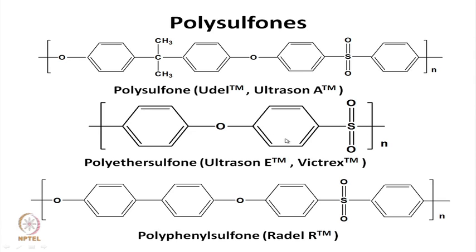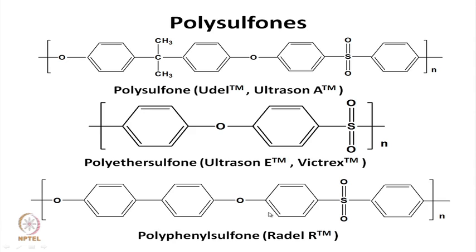One thing to be noted if you compare this polymer with the previous one: between 2 sulfone functional groups there are many phenyl rings, 3 to 4 phenyl rings. Here, after 2 phenyl rings 1 sulfone group is coming, along with the presence of this ether linkage, the linkage through oxygen.